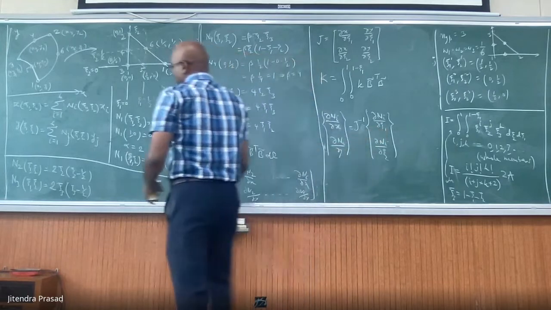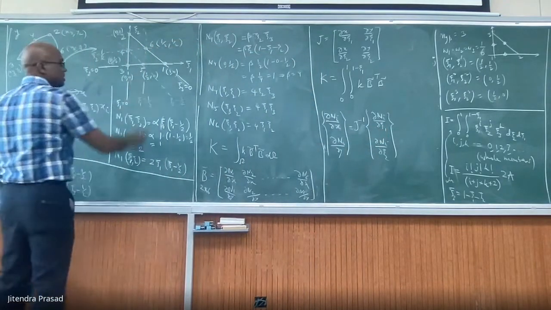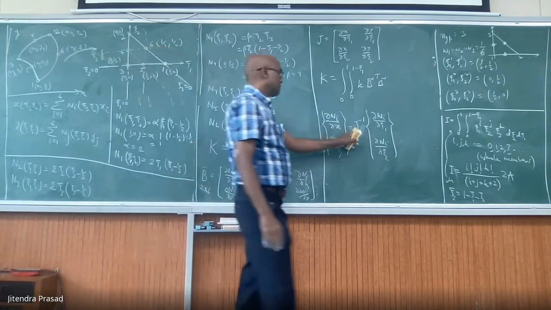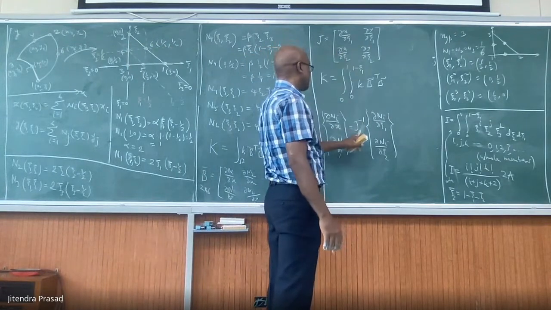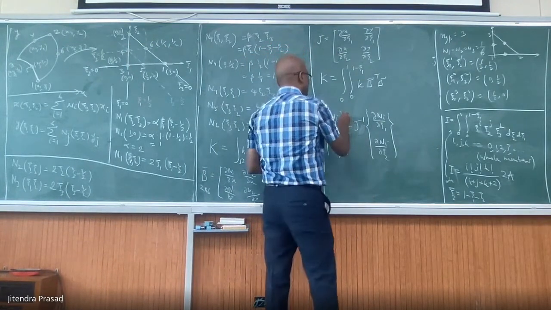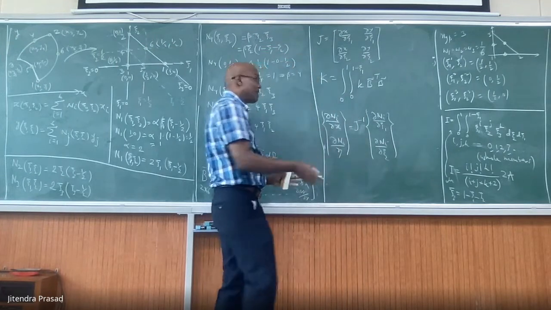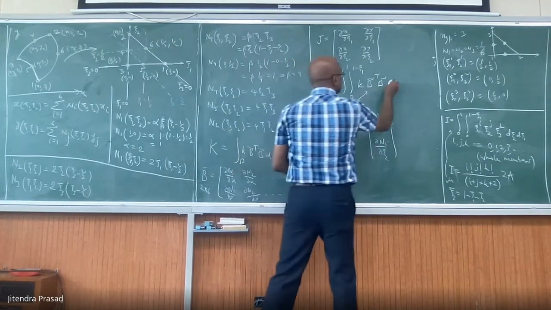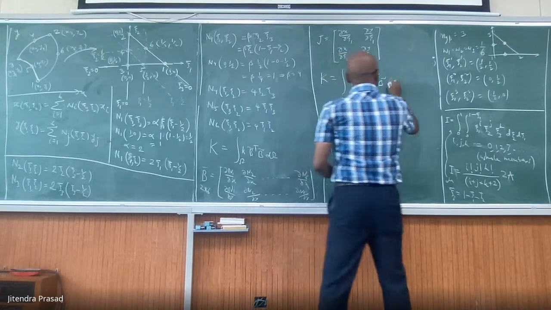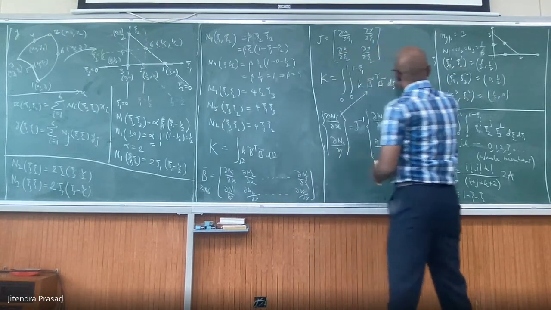This one you can find out from here. We have those equations, and here the Jacobian inverse of that you put here, you find out this. Once you find out this, you compose the B matrix, and then you put it here, B side 2, this side.